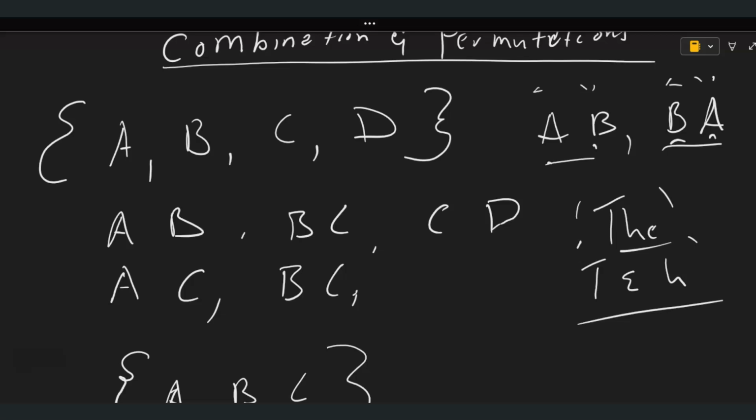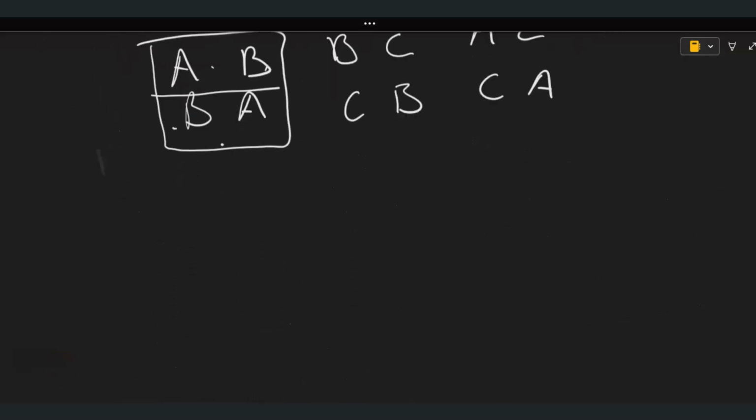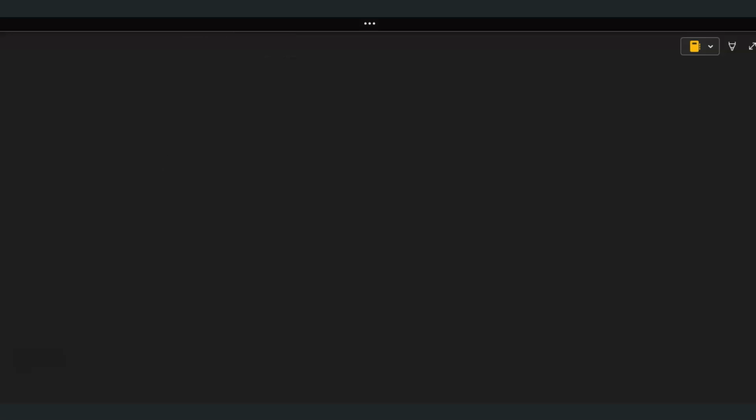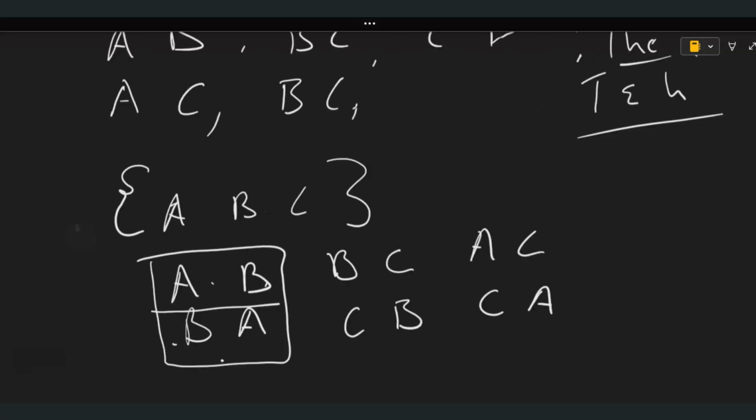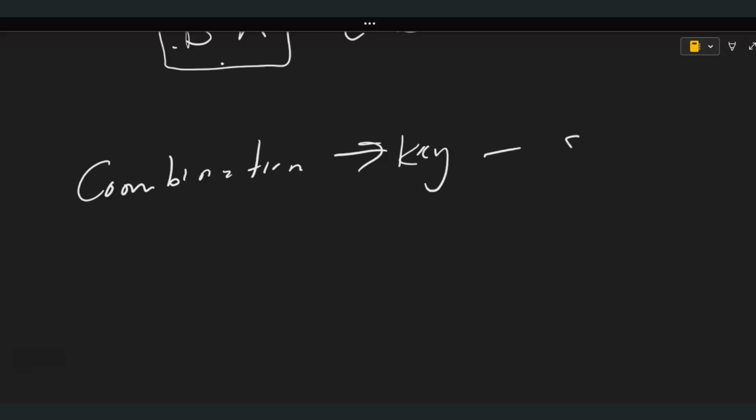Now, how do I identify that a question is requiring a combination kind of formula or a permutation kind of formula? There are keywords. If I am dealing with combination, the keyword under combination is select.